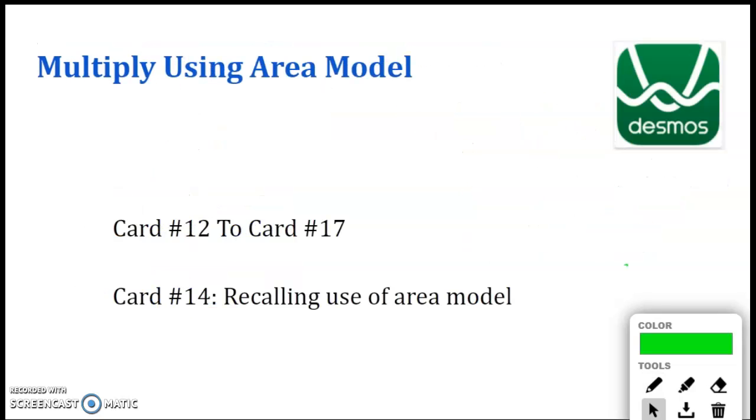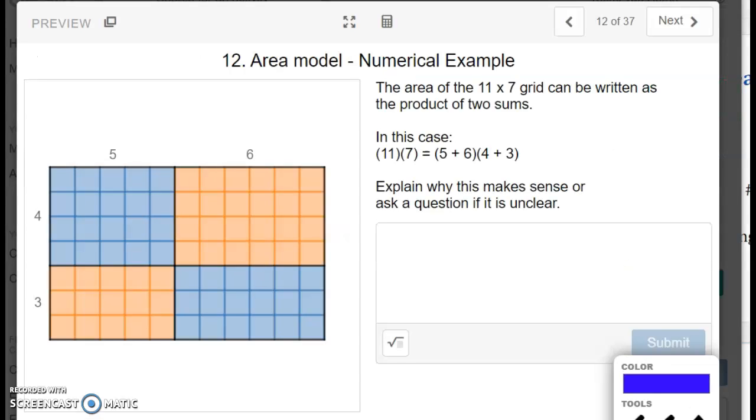Now you're going to go on to cards number 12 to 17, where you're using the area model. It's basically a review of IM1 from last year. So card number 12. The area of an 11 by 7 grid can be written as the product of two sums. The width is 11 and the length is 7, or the width is 7 and the length is 11.